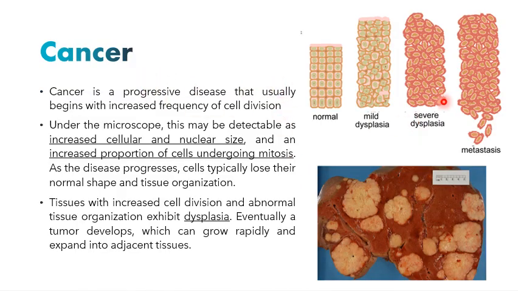As we know, cancer is a progressive disease that usually begins with the increased frequency of cell division. All cancers result from changes in the DNA sequences of our genome.